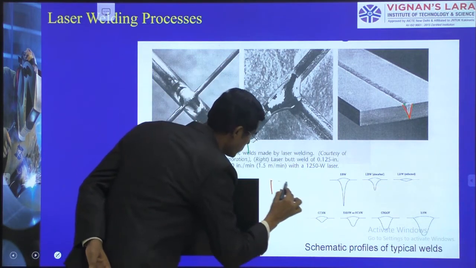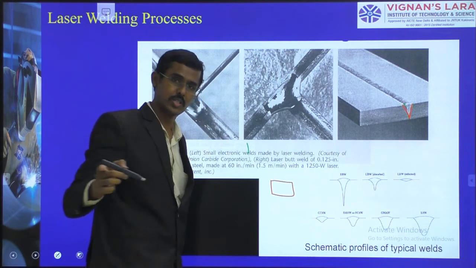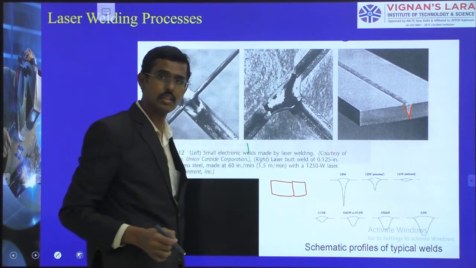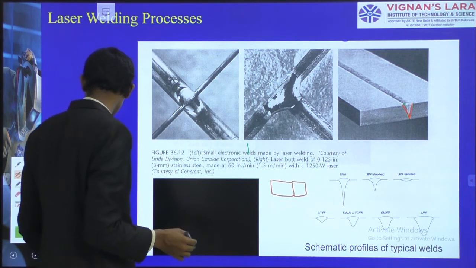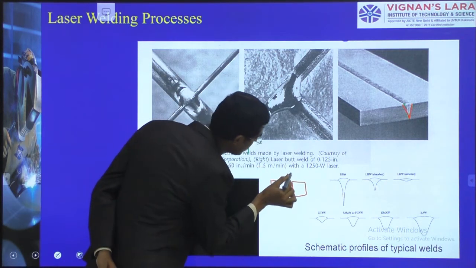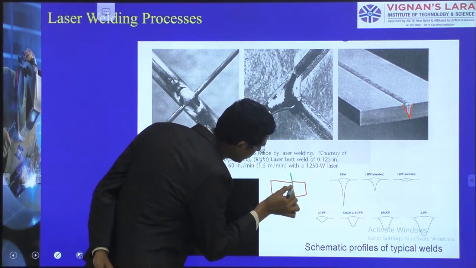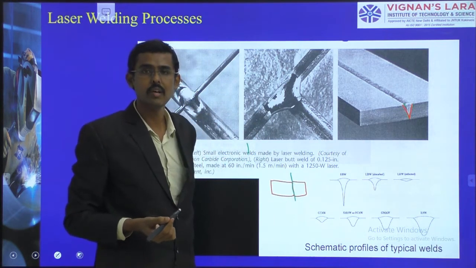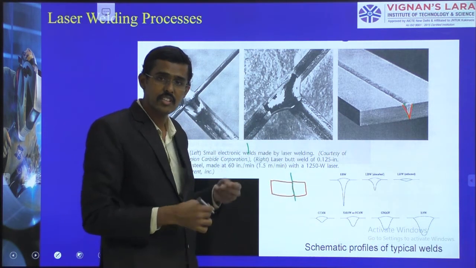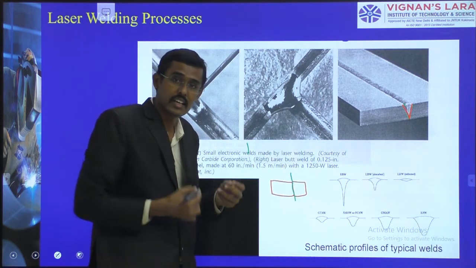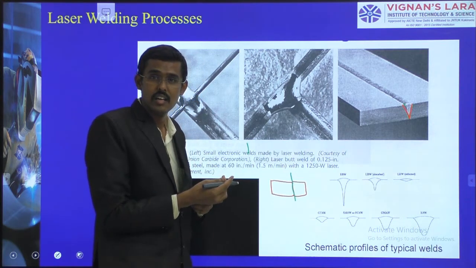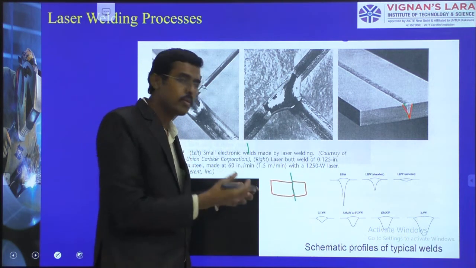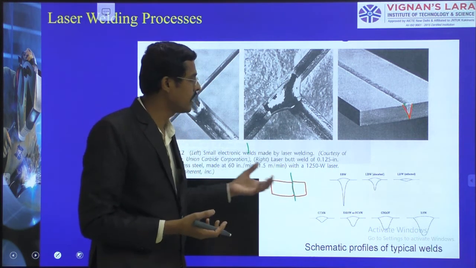We have taken two specimens with no edge preparation, and we supply the intensified heat here. It puts a keyhole, and after the keyhole is made, the molten material at the facing surfaces flows back and fills the gap, and the welding occurs.